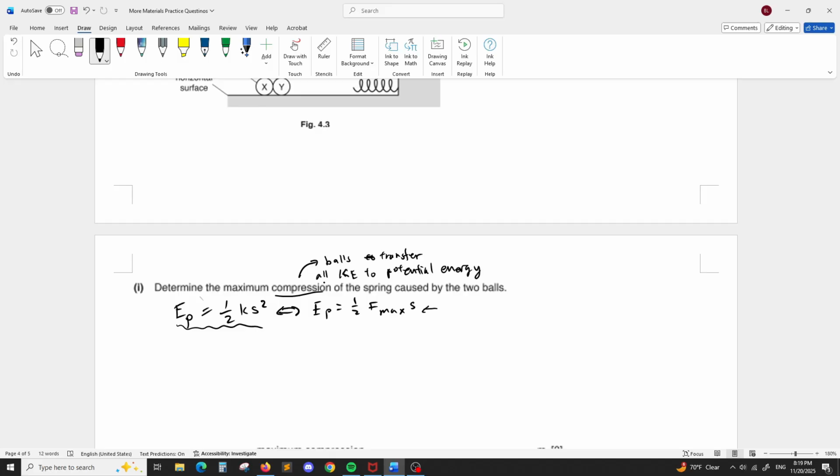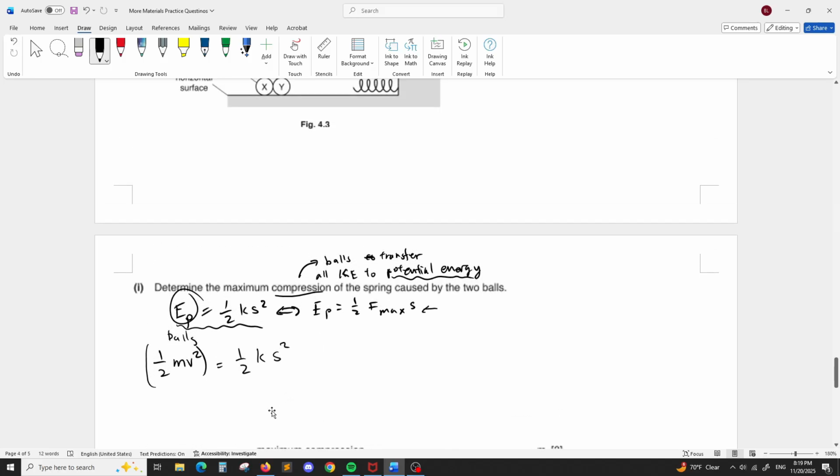And that's why we use this elastic potential energy, because we're solving for this. Since we know that the kinetic energy is equal to the potential energy, we can say 1/2 mv squared of the balls is equal to 1/2 ks squared.